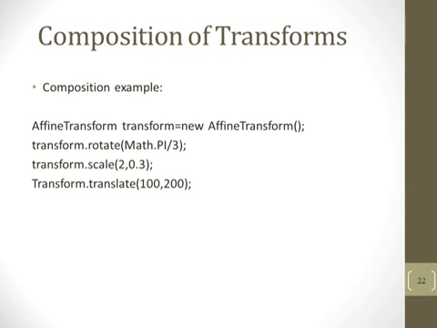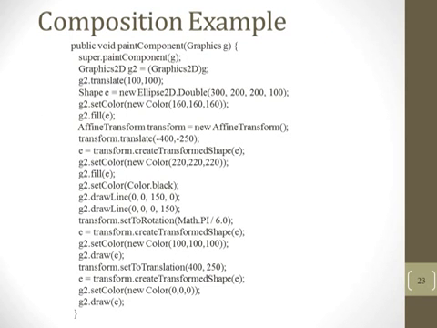Composition example. The following example illustrates the use of transform composition. To rotate an ellipse about its center that is not located at the origin, you may first translate the object to the origin, then rotate around the origin, and finally translate the center of the rotated ellipse to its original point.